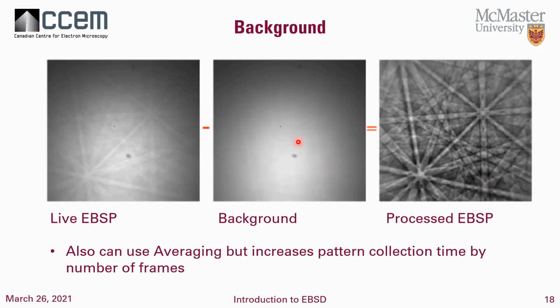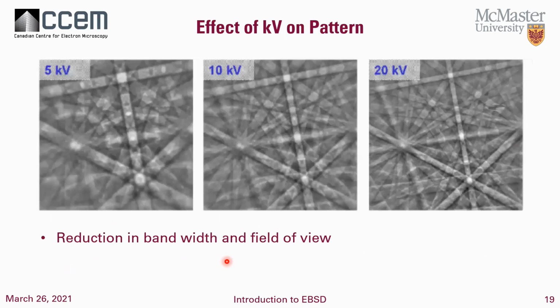The subtraction will also correct for intensity changes as well, so it's a little easier to see a little further out. We can also do averaging, where we collect a number of frames of the pattern and average them to improve the pattern as well. But this increases the time for pattern collection by the number of frames you are collecting.